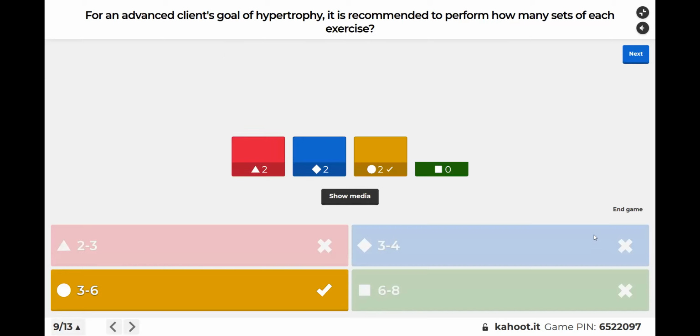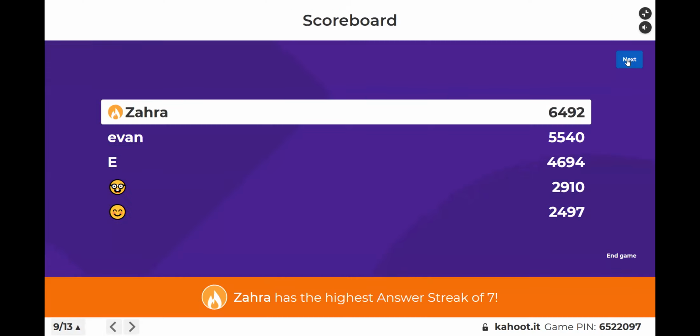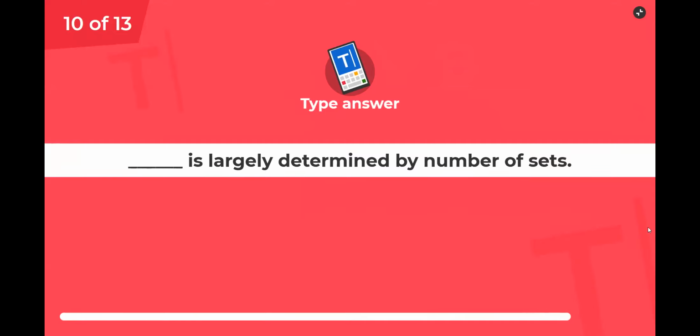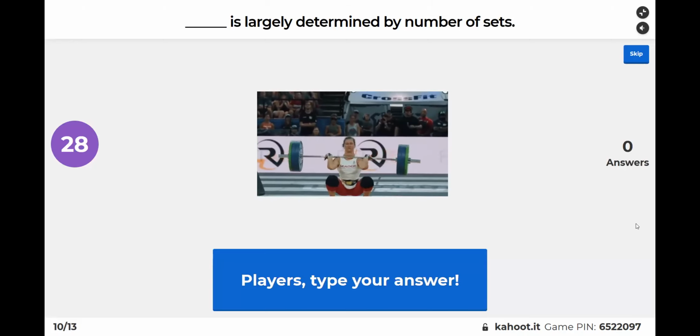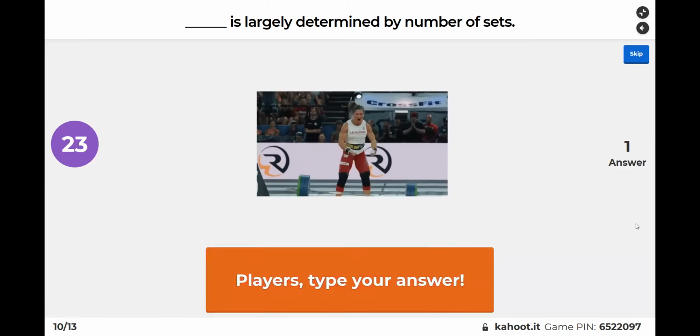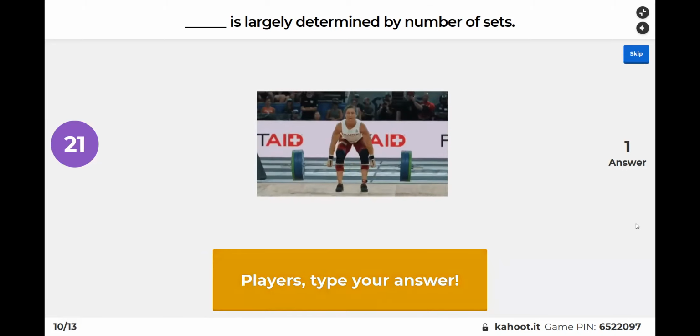Three to six. Remember, there was a slide that mentioned that. Anything more than three, but we said three to six sets of each exercise is for an advanced client whose goal is hypertrophy. So that is a clean, that picture, that's Tia to me.